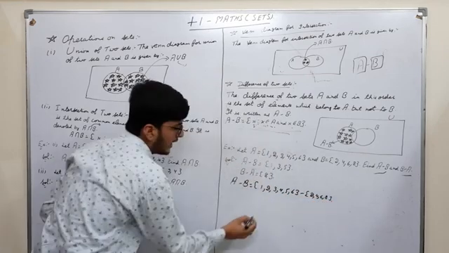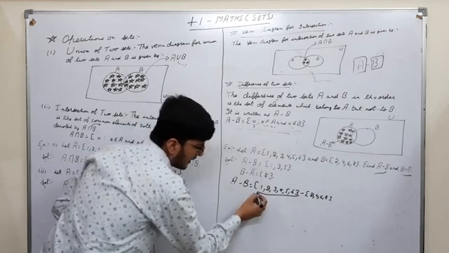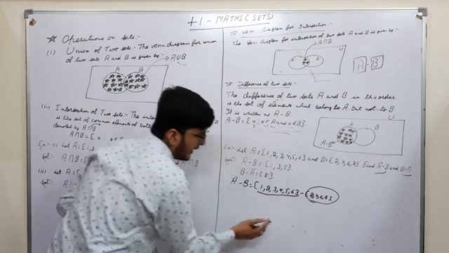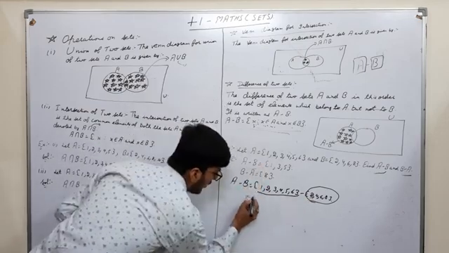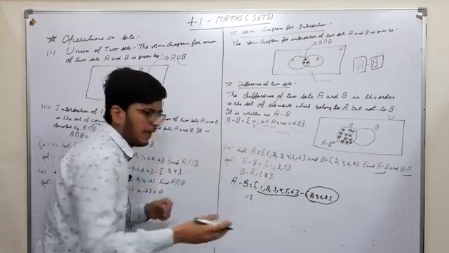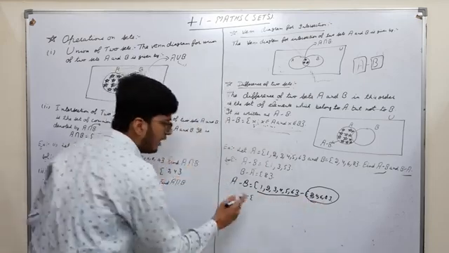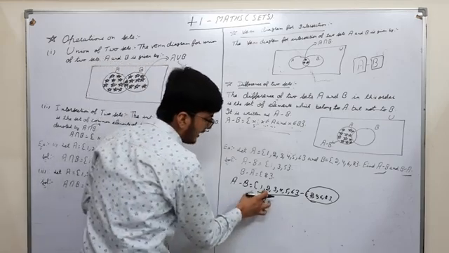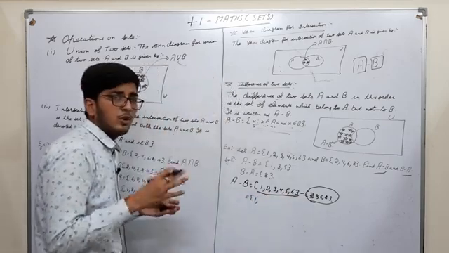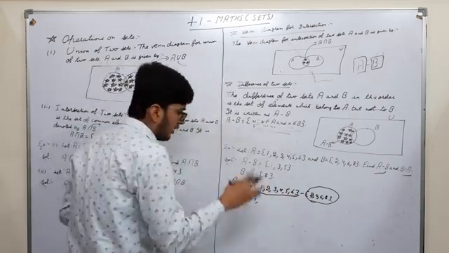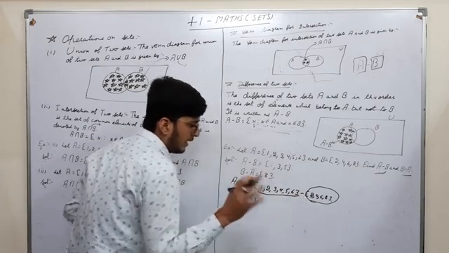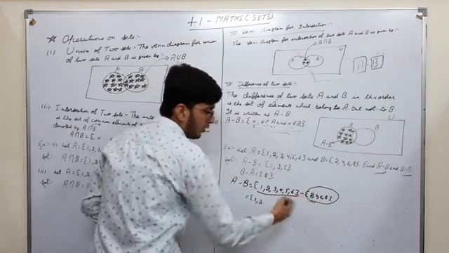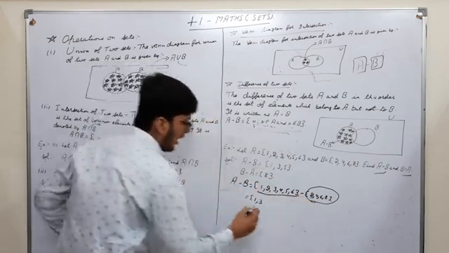That means we are taking out from this set the elements of that set. Now 2 we need to take out. 1 is there in A but not there in B, so it will be in A minus B, right? 2 is there in A as well as in B, so in subtraction it will get out. 3 is there in A but not in B, so 3 will be there in A minus B. 4 is there in both, so in subtraction it will go out.